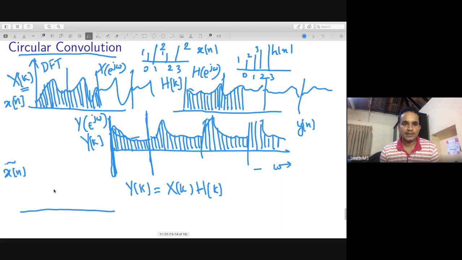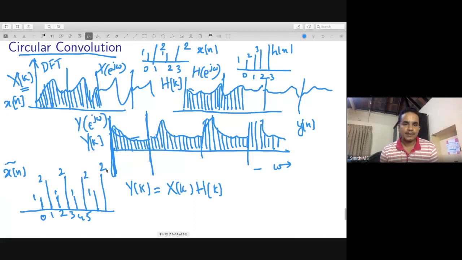so your x of n is 1, 2, 1, 2. But your x tilde of n is periodic. Now this has become periodic because you have sampled it in frequency domain. So now you have again 1, 2, 1, 2, 1, 2.